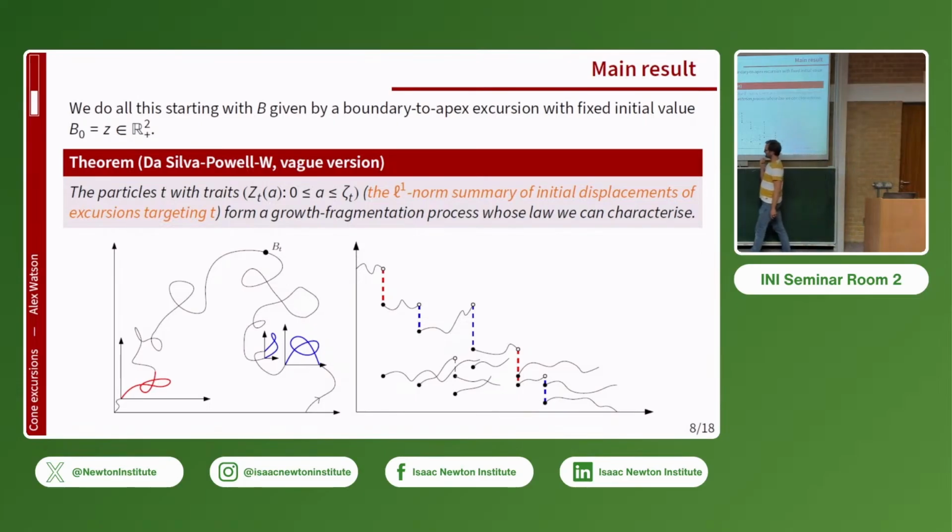So with that, the theorem, in the sort of vague version of it, is as follows: these particles, in other words, the times that I'm targeting, with traits ZTA, this is the L1 norm summary of these excursions I'm cutting, or I'm finding. These particles T with traits ZTA form a growth fragmentation whose law we can characterize.